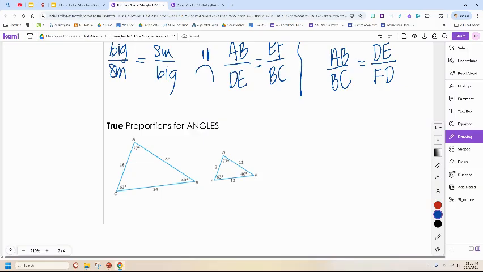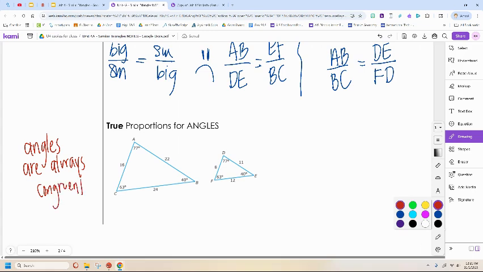The angles never change, so our angles are always congruent. They start to throw in wacky things to mess with your head to see if you truly understand that scale factor only goes with sides.